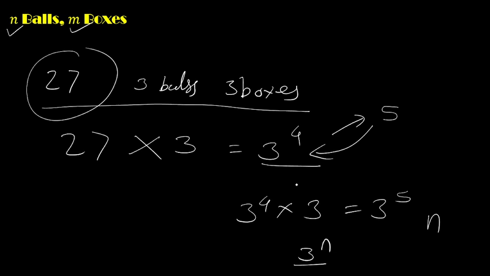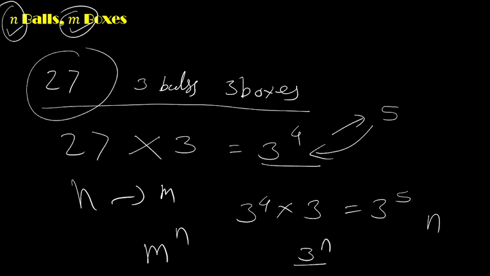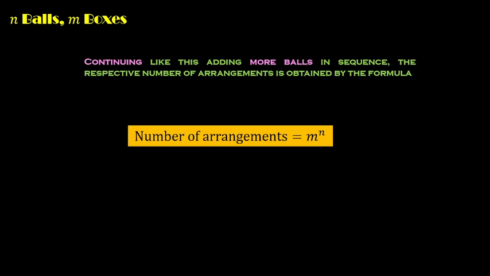If instead of 3 boxes we have m boxes, then the number of distinct arrangements of n balls into m boxes will be given by m raised to n. Finally, we have a formula for the distribution of n balls into m boxes: the number of arrangements equals m raised to n.